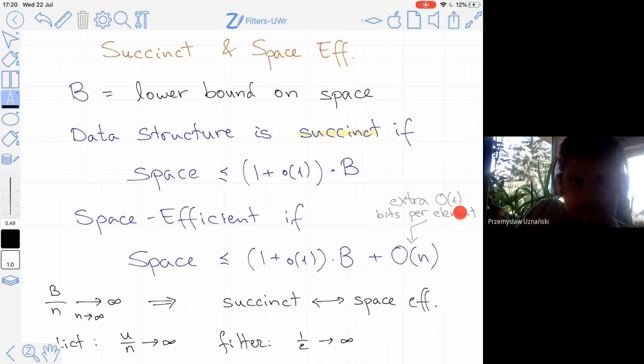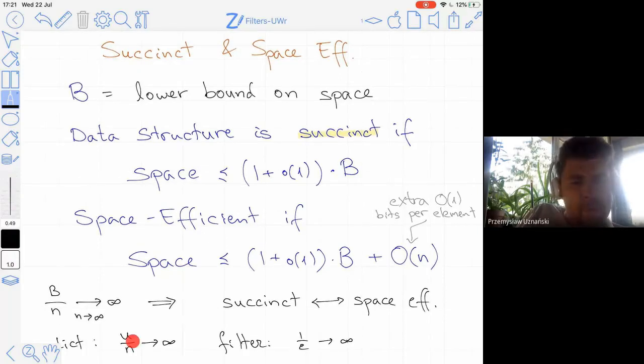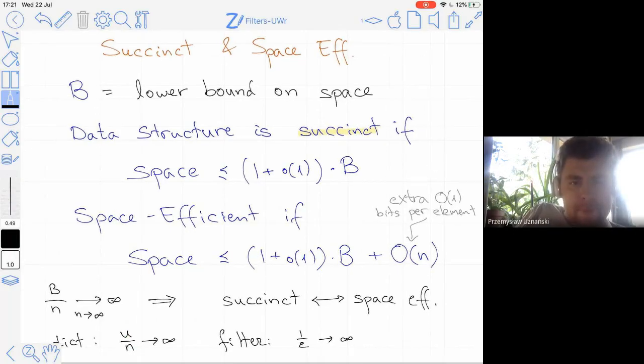And the difference between a succinct and a space efficient data structure is very subtle. It appears only when the lower bound is superlinear. So for example, in the dictionary, it occurs when u over n tends to infinity. In the filter, it happens when 1 over epsilon tends to infinity.